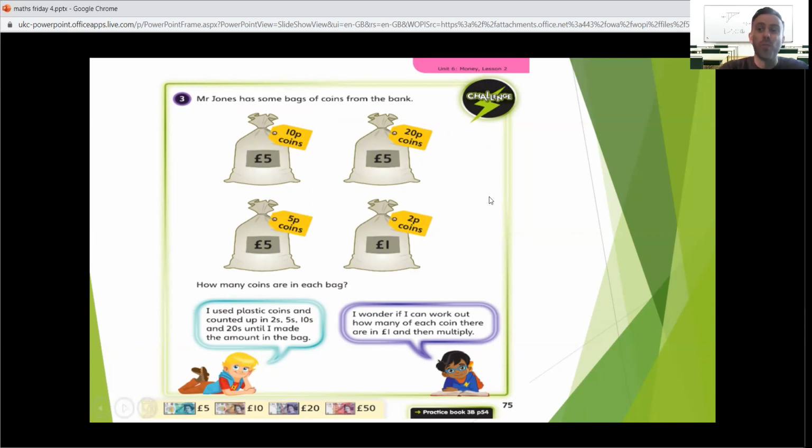If you're not sure, go back in this video because it said earlier on. What are they saying down at the bottom? One boy saying, I used plastic coins and counted up in 2s, 5s, 10s, and 20s until I made the amount in the bag. Okay, if you've got your own plastic coins at home or in school, brilliant. And this one, I wonder if I can work out how many of each coin there are in £1 and then multiply. That's what I just told you.